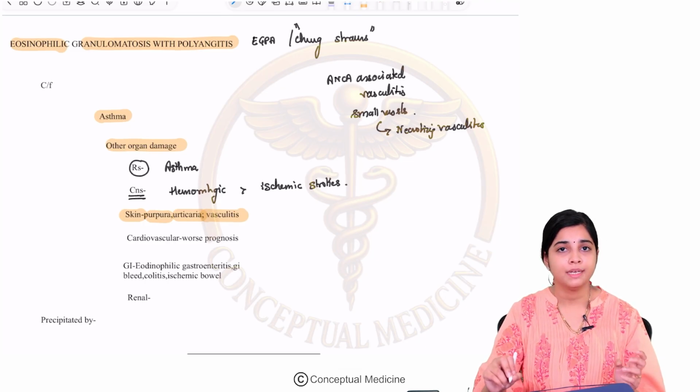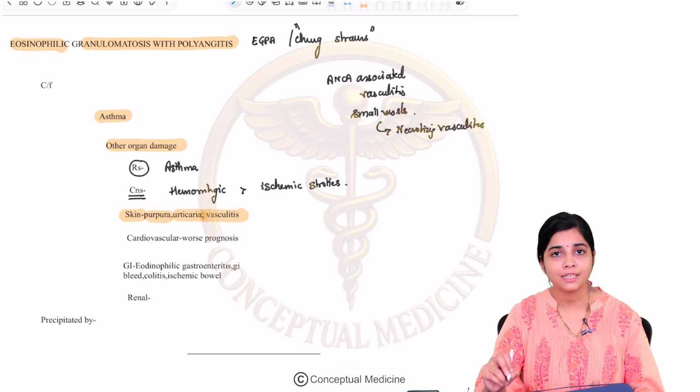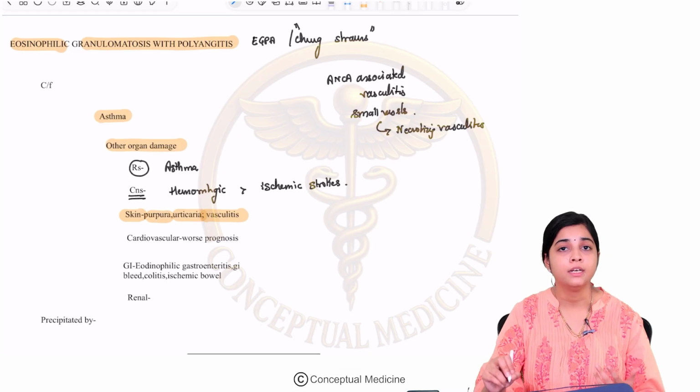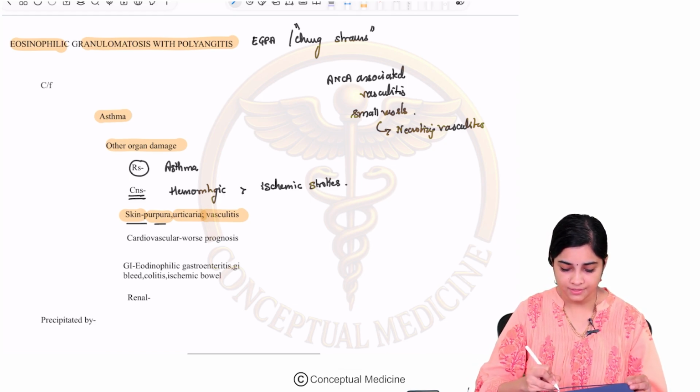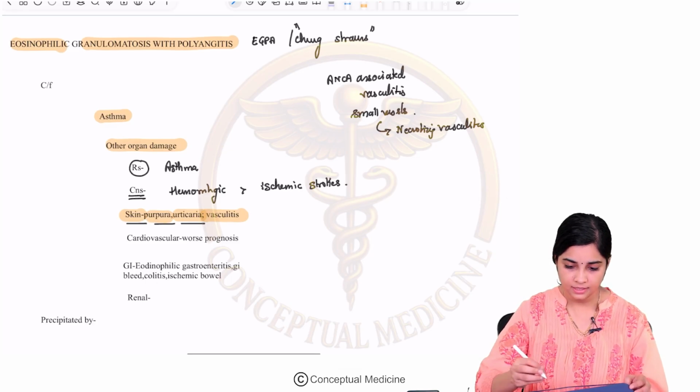Anytime you have this kind of presentation, a long-standing asthmatic with severe peripheral eosinophilia, always look for evidence of vasculitis because EGPA is a great mimicker. You can have skin manifestations including purpura and urticaria because of vasculitis.